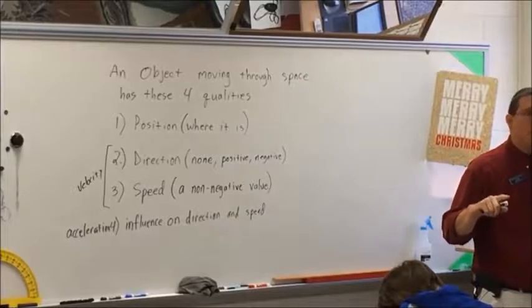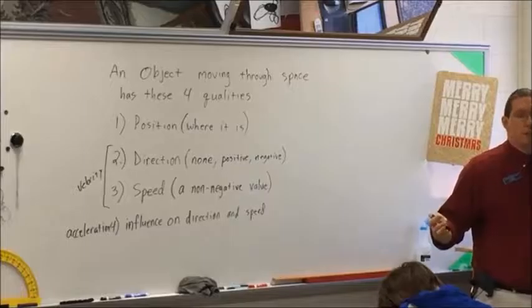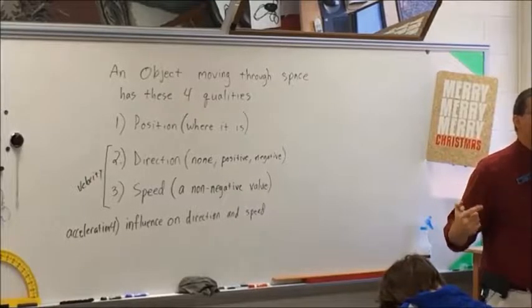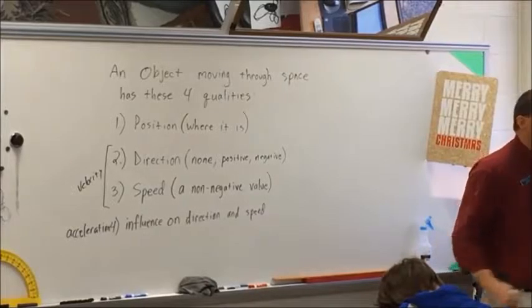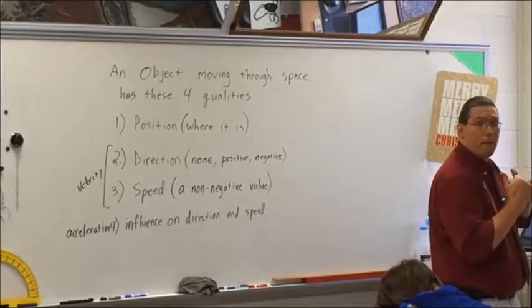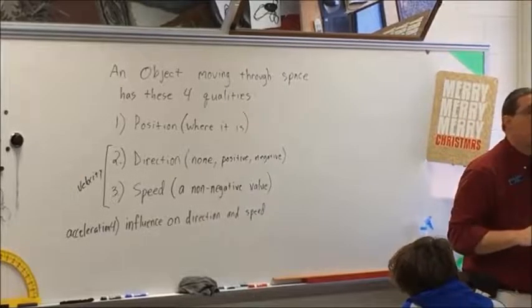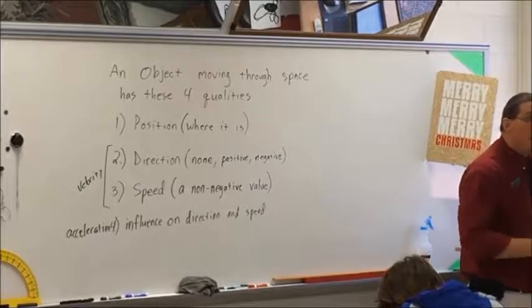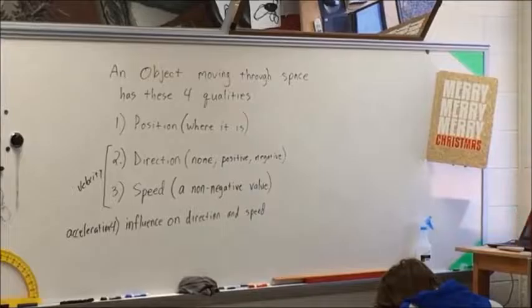However, something happens. The acceleration changes. The influence on velocity becomes negative. Now the influence is pushing this way. Will the object immediately change direction? No, it's going to keep moving in a positive direction, but it will slow down. And eventually it will stop.